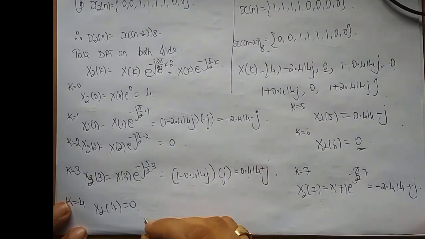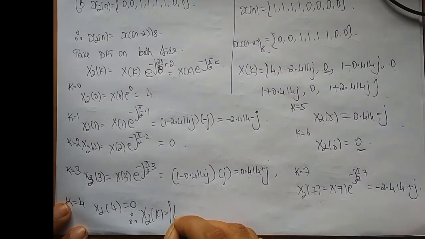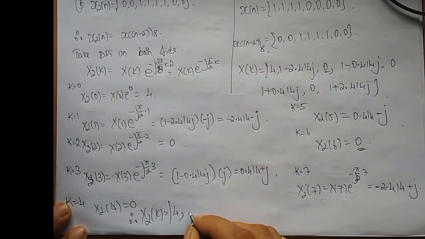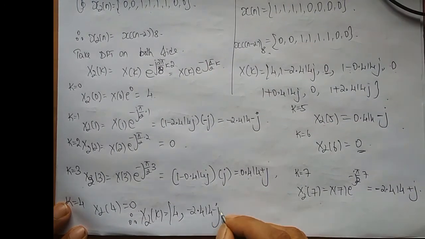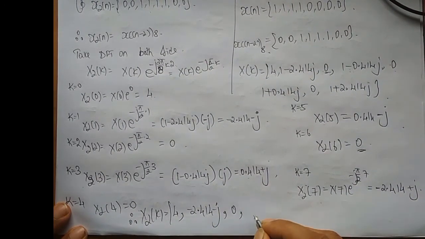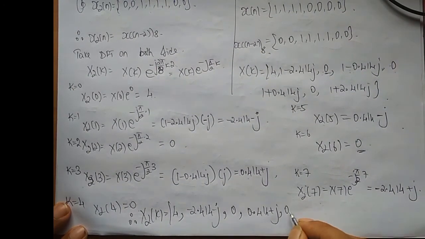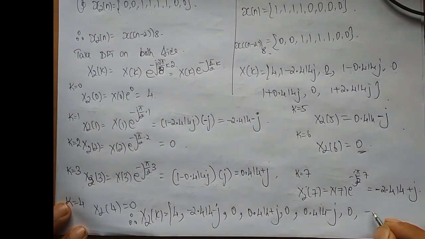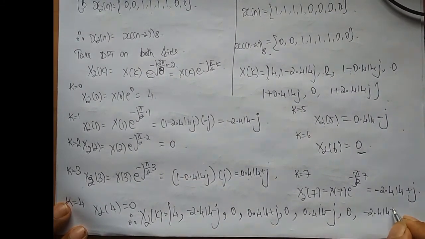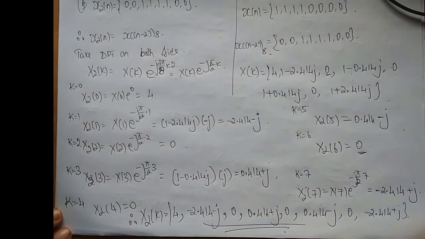So therefore x2 of k is equal to 4, minus 2.414 minus j, 0, 0.414 plus j, 0, 0.414 minus j, 0, minus 2.414 plus j. So this is the DFT of the second sequence.